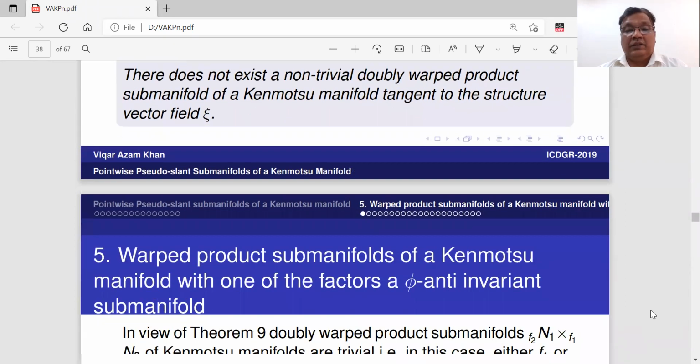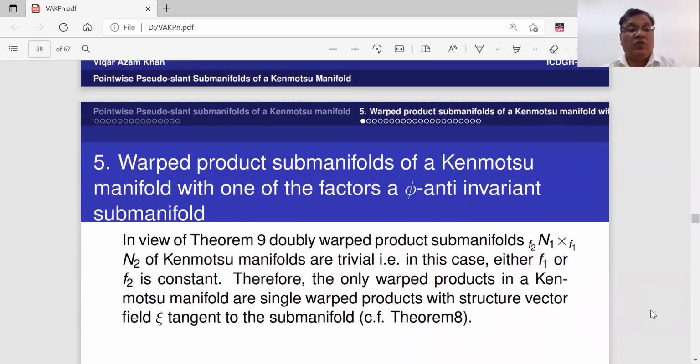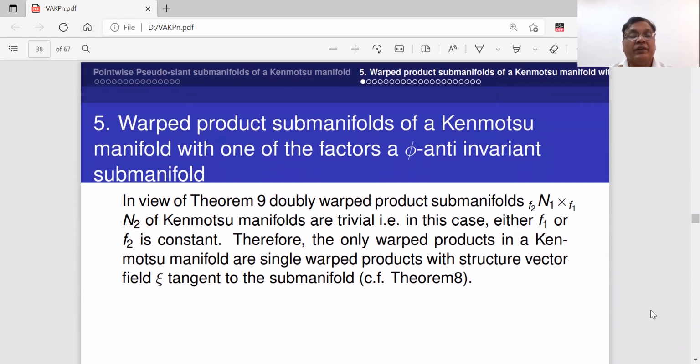All right, so the last section is the warp products of submanifolds of Kenmotsu manifolds with one of the factors a phi anti-invariant submanifold. This is an important case that we wanted to deal with separately. So in view of the theorem in our last section, doubly warp product submanifolds of a Kenmotsu manifold are trivial.